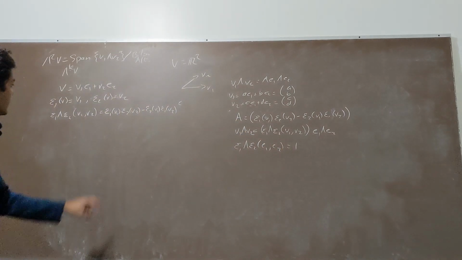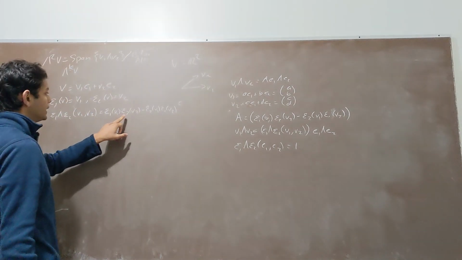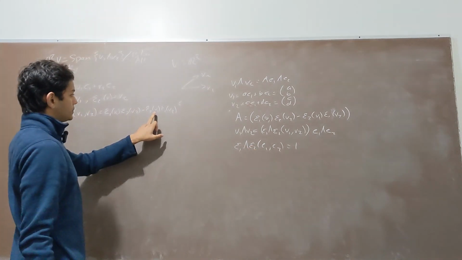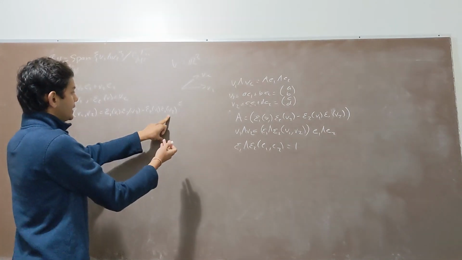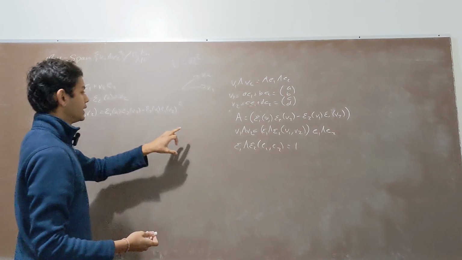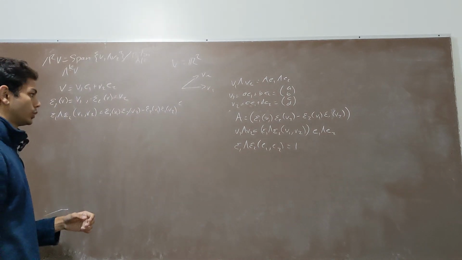And indeed, we verify that epsilon 1 of V1, well, this is just E1, so this is going to be equal to 1. And epsilon 2 of V2 is also equal to 1. And epsilon 2 of V1, well, there's no E2 in the first component, so this will be 0. And epsilon 1 of V2, well, there's no E1 in the second component, so this will also be 0. And so indeed, we do get that this expression is 1 minus 0, and it is 1.